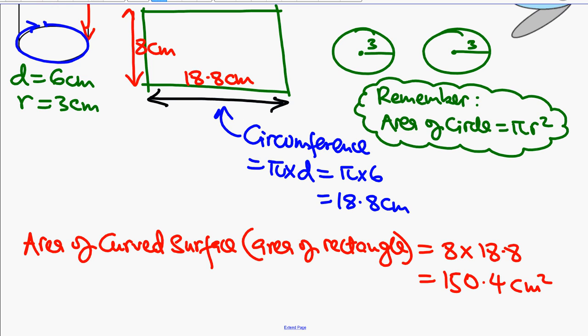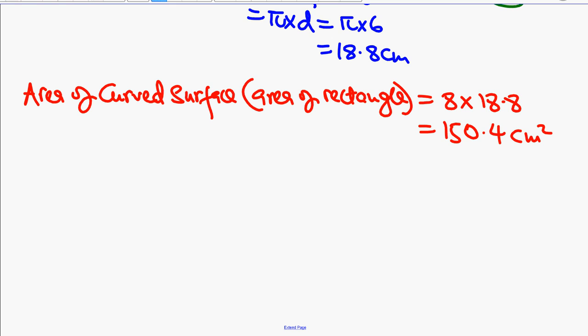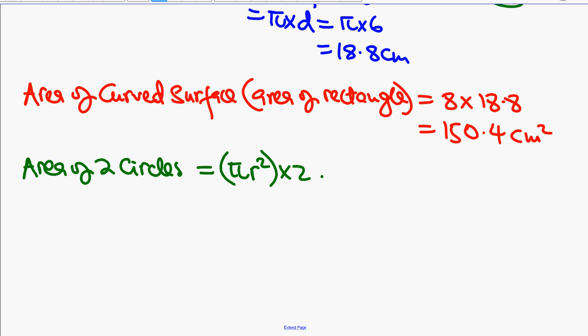And then we have these two circles for the top and the bottom. Now, the area of the two circles will be pi r squared multiplied by 2.